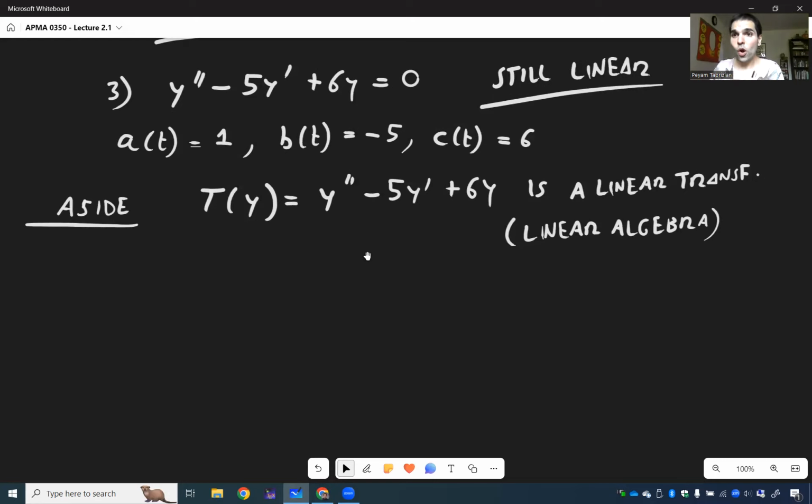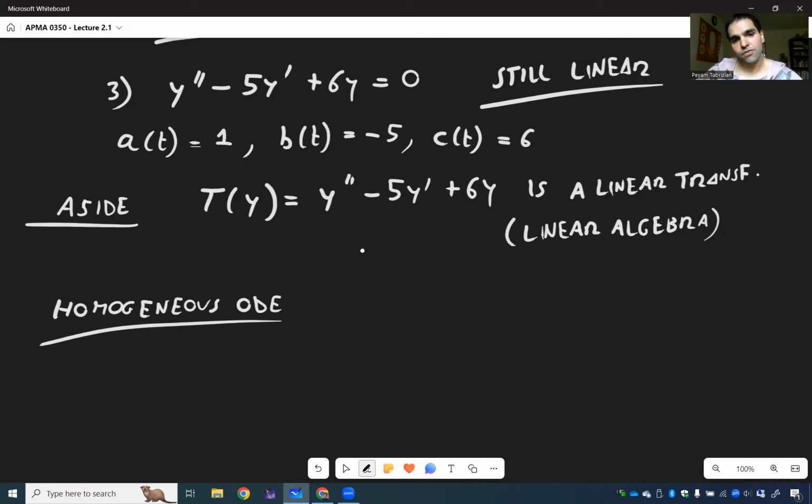Now, for linear ODE, there is a subspecies that is very important. It's called homogeneous ODE. Again, that's for linear ODE.